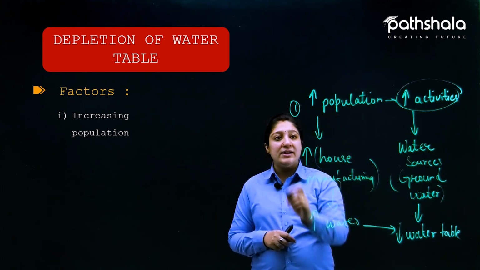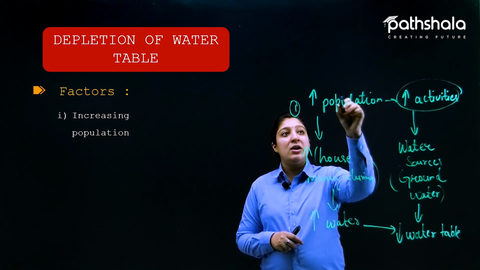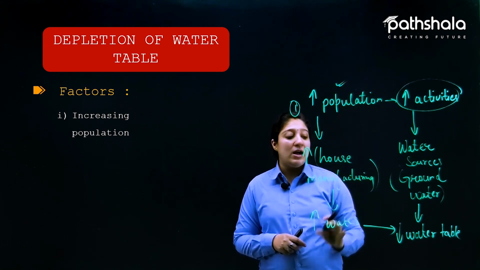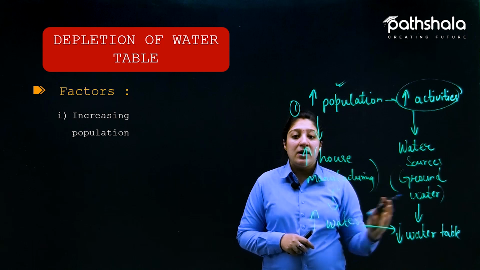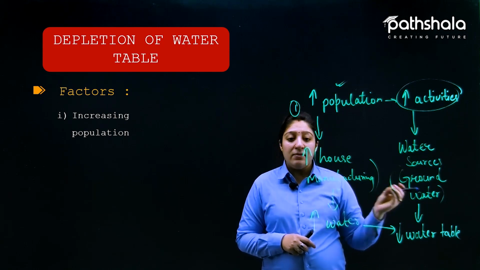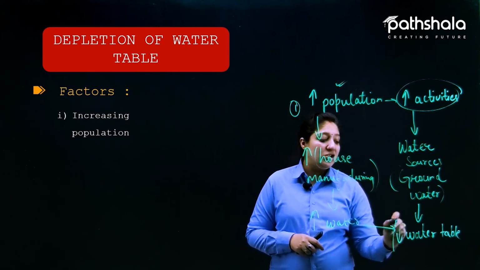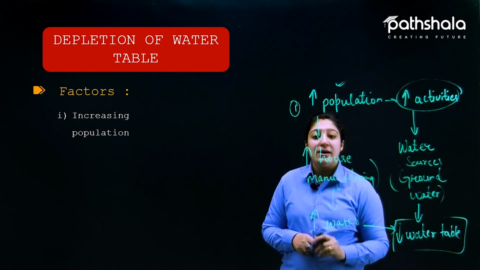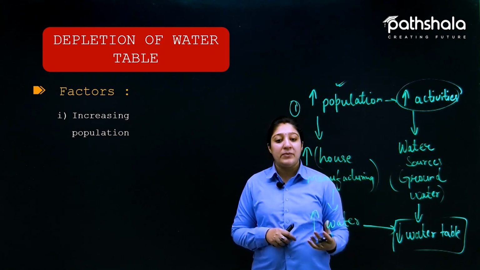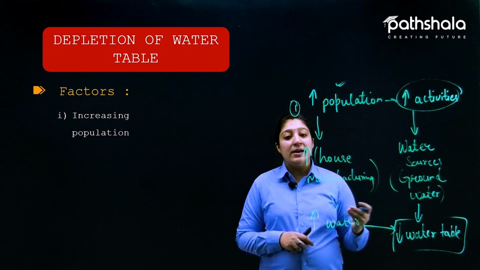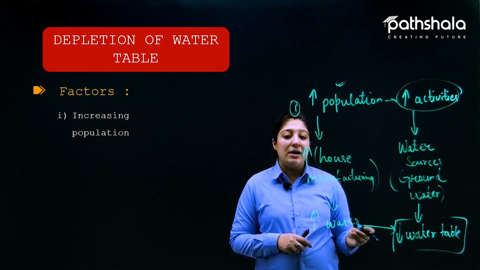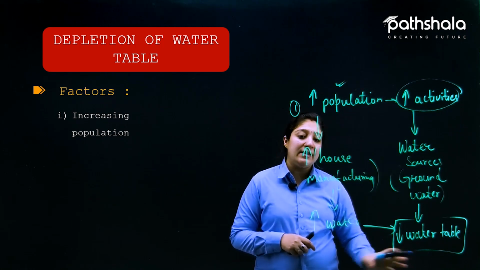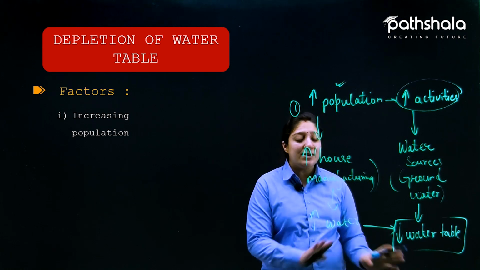Because of only one factor, see how much water is taken for use. And we know that the recharge of this water table takes a lot of time. It is not that in one day rainfall comes and then it recharges the water table. That is not going to happen.